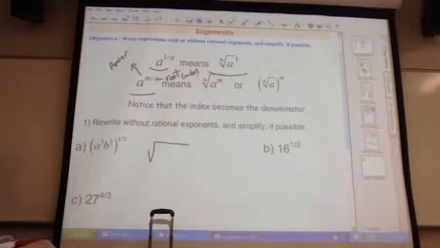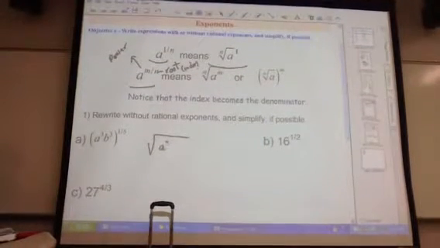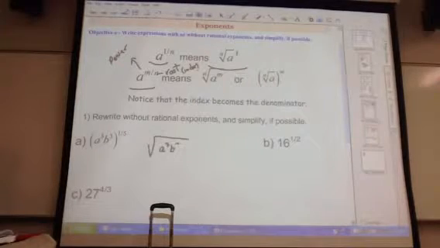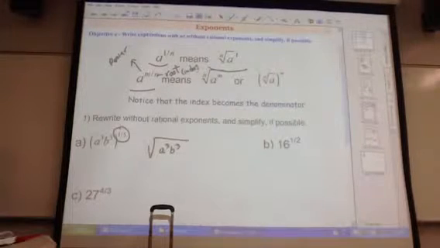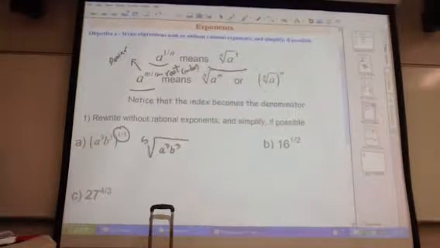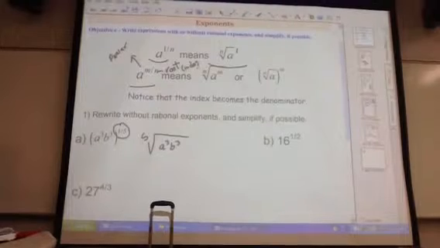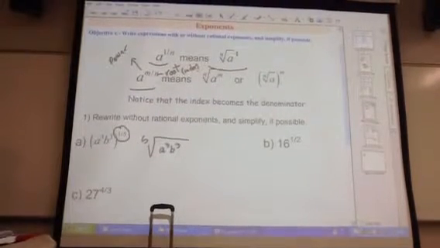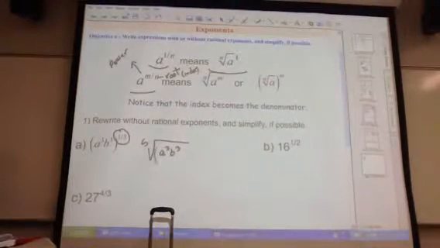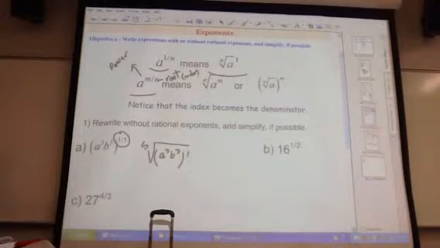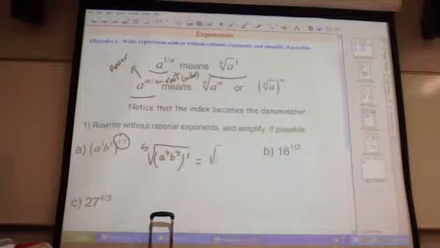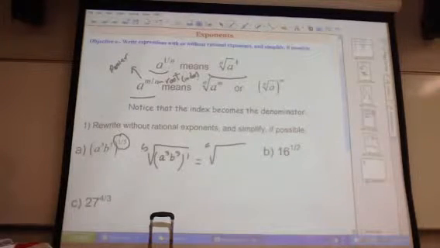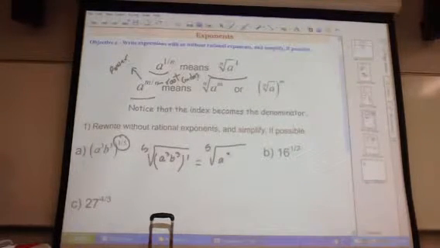Your base is a cubed, right? And b cubed, isn't it? Look at the exponent. What is in the denominator? 5. So your index is 5. What is the exponent? I mean, what is the numerator? 1. So it means raise it to the power of what? 1. But you don't write 1, it's not going to change. So this is going to be equal, actually, the fifth root of a cubed b cubed.